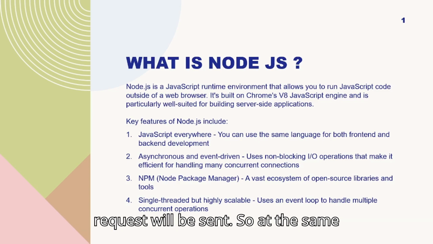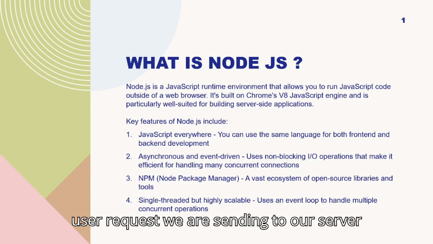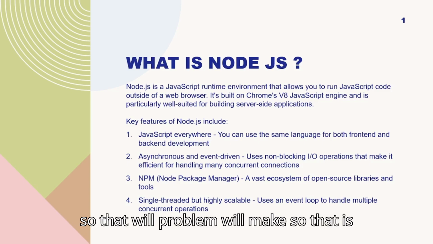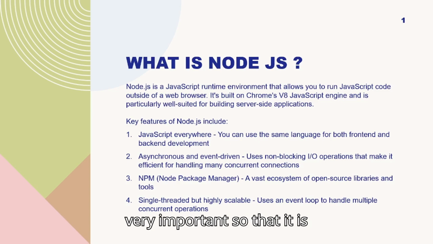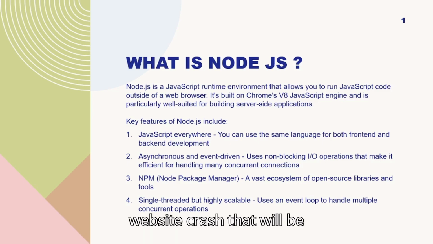If 50 user requests were sent to our server at the same time, it would cause a deadlock and the website would crash. So the second point is very important: Node.js uses non-blocking, so the website crash is avoided.